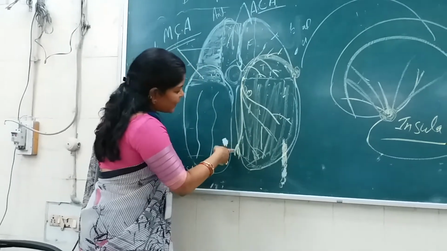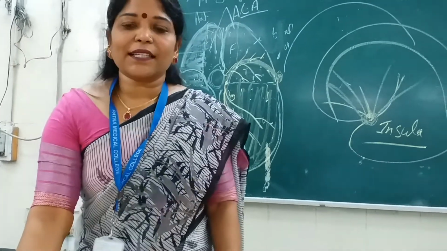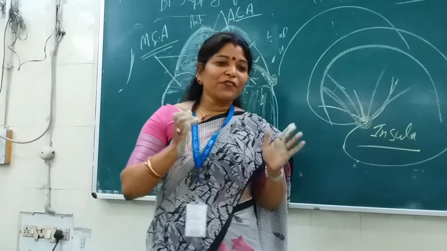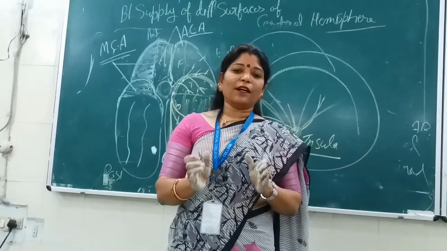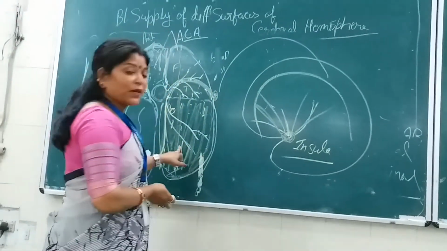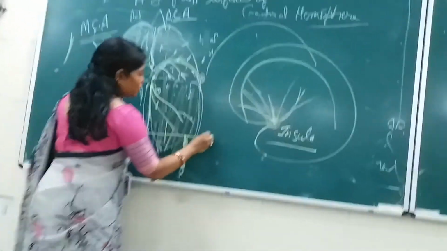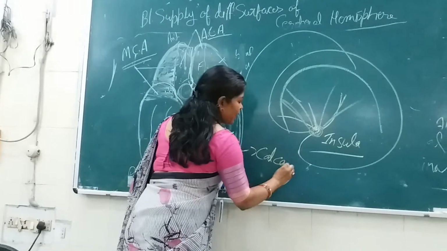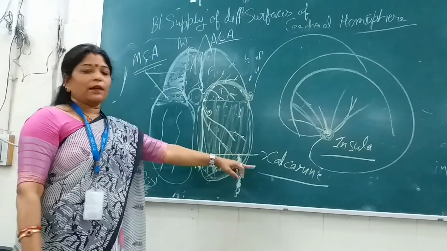On the medial surface, it runs over the calcarine sulcus and supplies what? The visual area here. Yes or no? The visual area, area number 17. So this is the calcarine branch, very important, of the posterior cerebral artery.